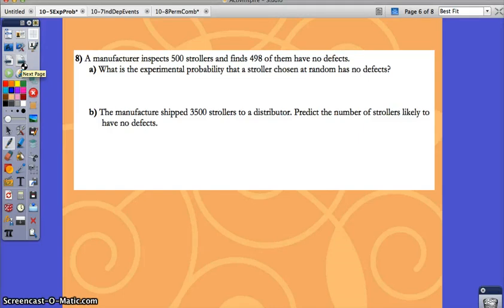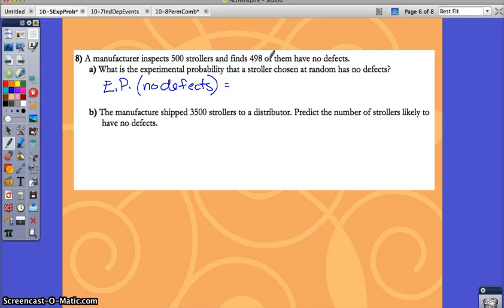So a manufacturer inspects 500 strollers and finds 498 of them to have no defects. What is the experimental probability that a stroller chosen at random has no defects? So the experimental probability of no defects would be what fraction?